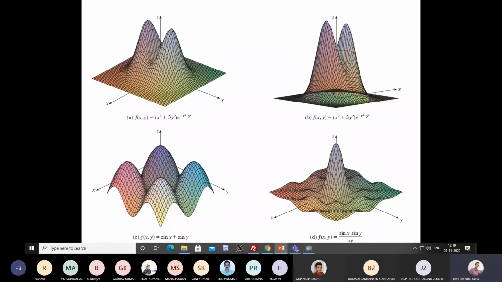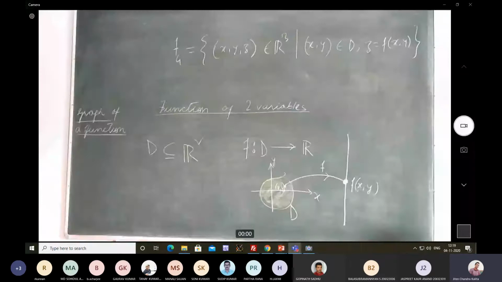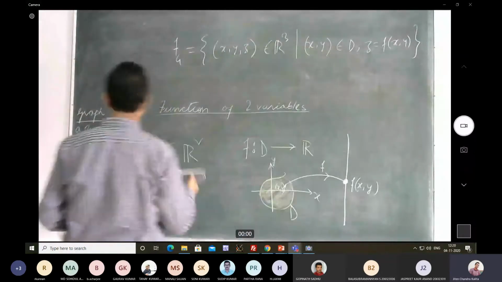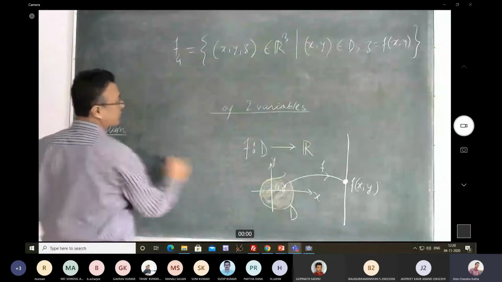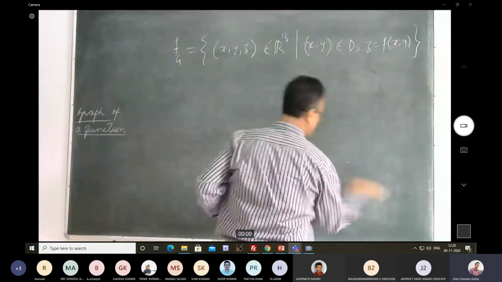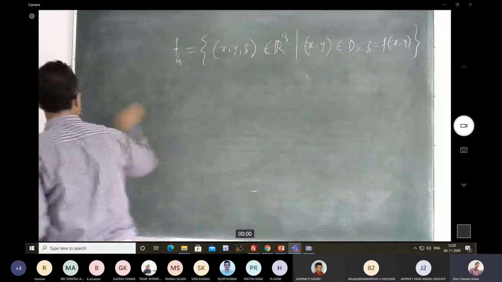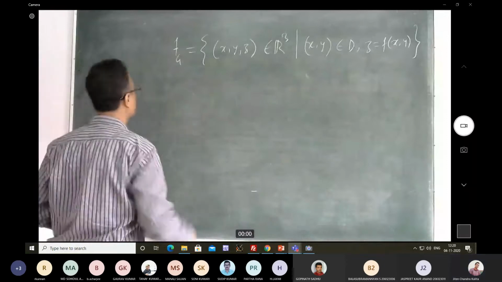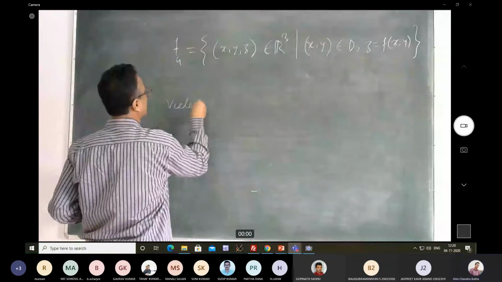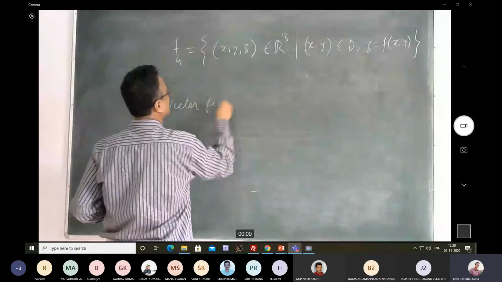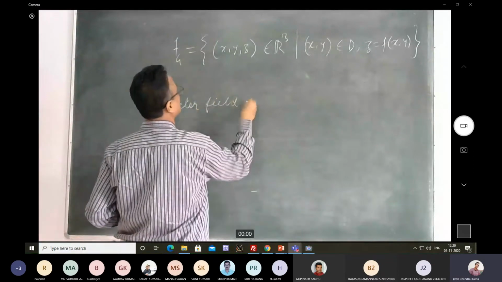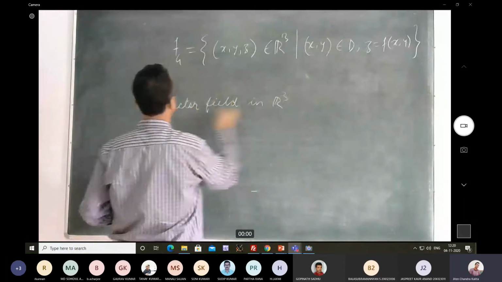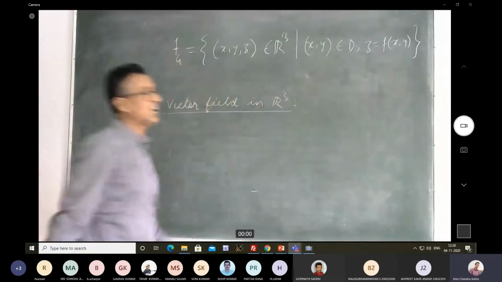Okay, so now let me come to the definition of vector field. Can anybody tell me what is a vector field? Suppose I want to consider a vector field in space, 3D. It is a vector field in R3.